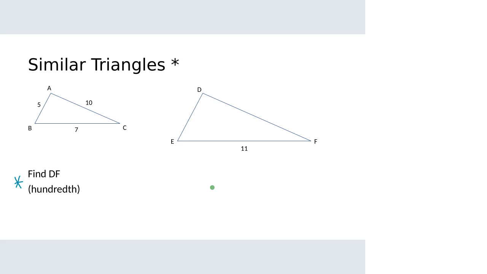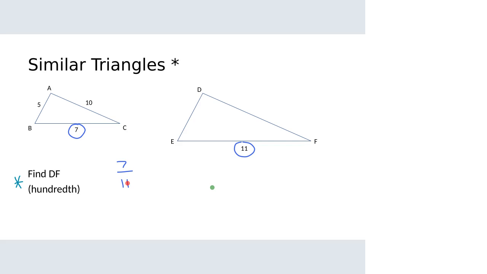So the proportion I'm going to set up, I only know one side length in the big triangle. So that's kind of my anchor spot. That's critical to me. And I look back over on the small one and I find the corresponding part. And so I know I'm going to use 7/11 as one of my two fractions, one of my two ratios. So 7 is to 11.